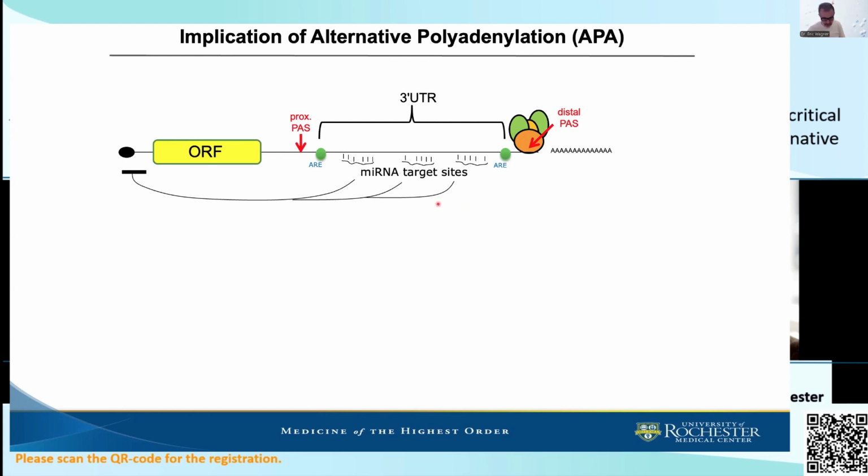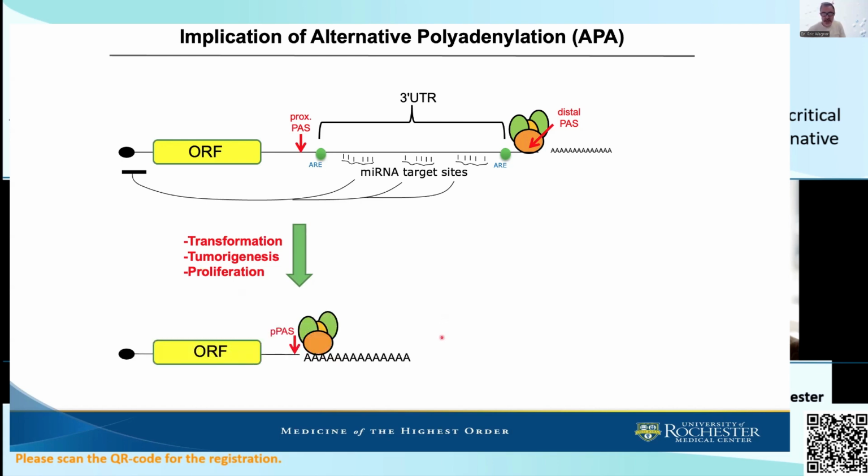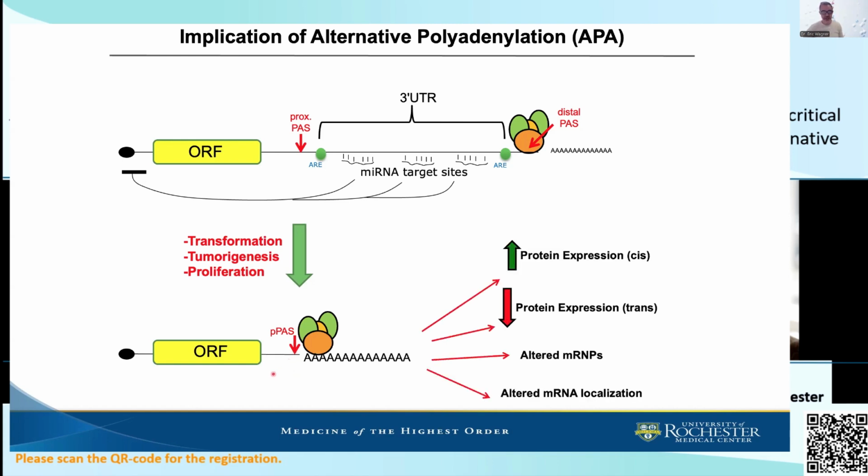But in the case of tumor transformation or tumor progression, or even in normal circumstances where cells would proliferate, there's a broad tendency to switch that decision to a proximal poly-A site. And this would have several implications. The simplest, of course, is that microRNAs no longer target this mRNA, so you can get enhanced expression in cis.